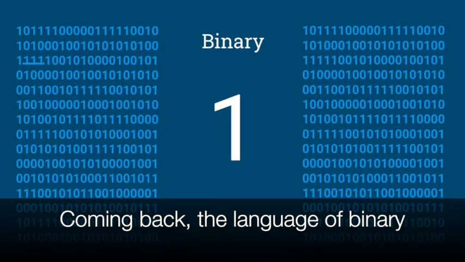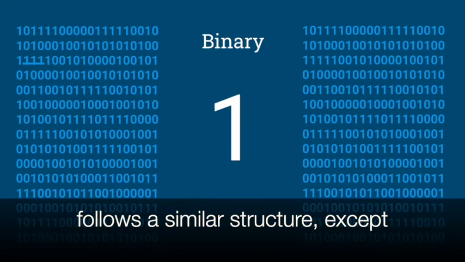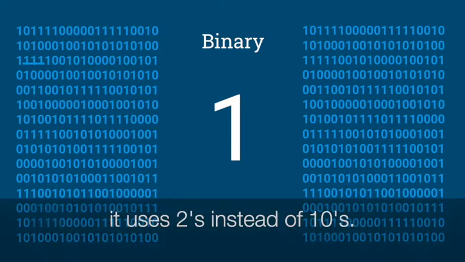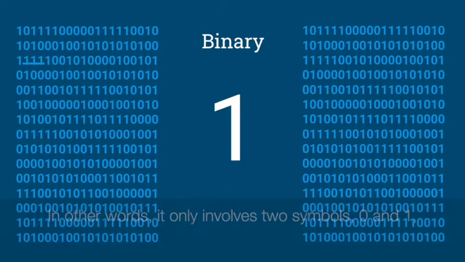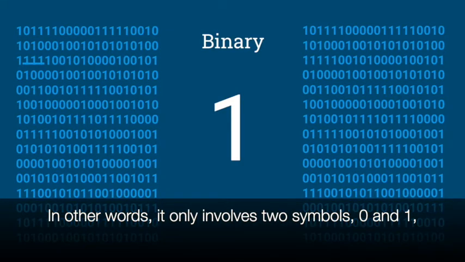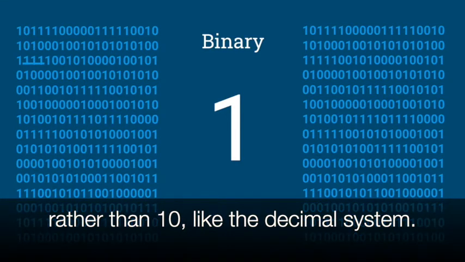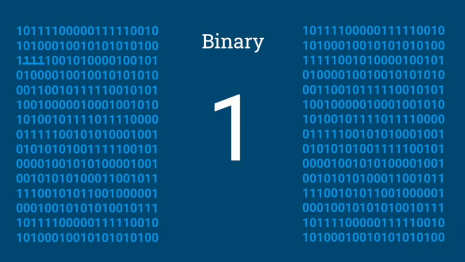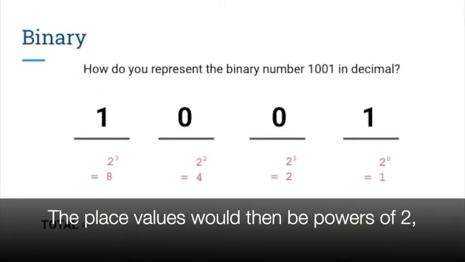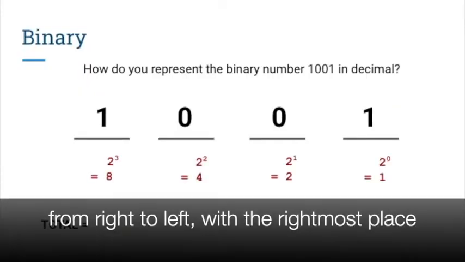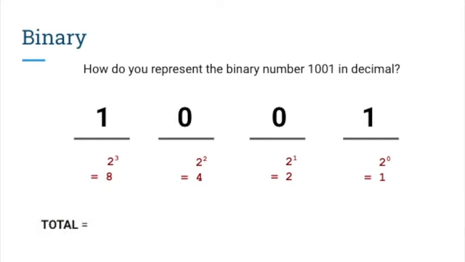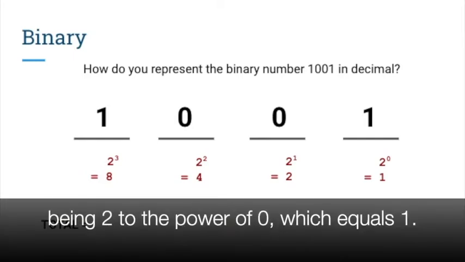Coming back, the language of binary follows a similar structure, except it uses 2's instead of 10's. In other words, it only involves two symbols, 0 and 1, rather than 10 like the decimal system. The place values would then be powers of 2 from right to left, with the rightmost place being 2 to the power of 0, which equals 1.